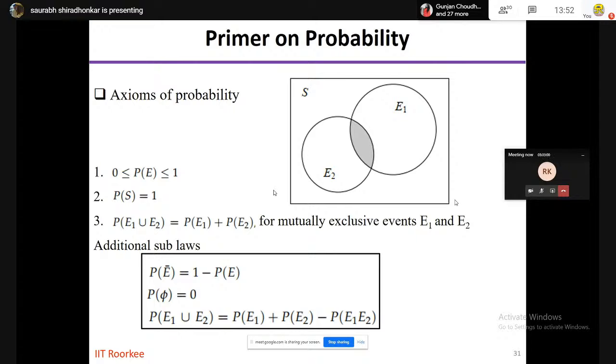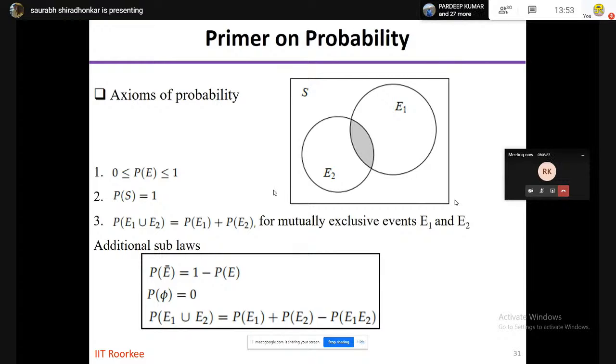The probability of the sample space is always 1, and the probability of either of these events occurring is the sum of the probabilities of these two events, or the sum minus the intersection part. It is mutually exclusive if these two events are not intersecting. So these are the axioms of probability.